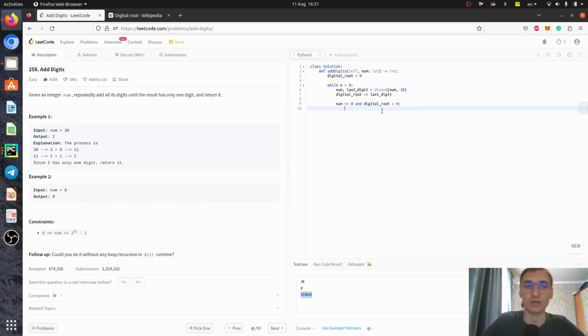And what we should do in this moment, okay, we checked, we're in here, and we have to reinitialize our number and digital root. From here we started as this was our number, this is our digital root. We have to reinitialize our number to be digital root, and our digital root is going to be 0.